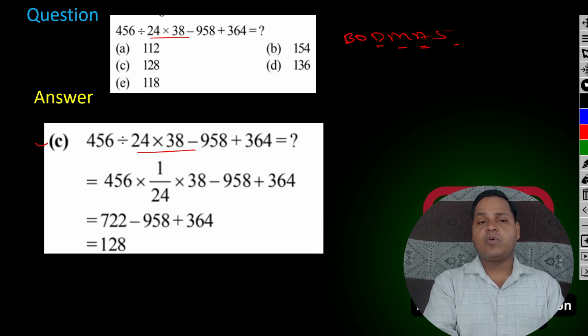So 456 divided by 24, you can also write this as we tell you: 4 divided by 5 is also written as 4 multiplied by 1 by 5.